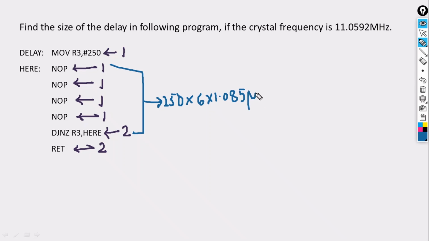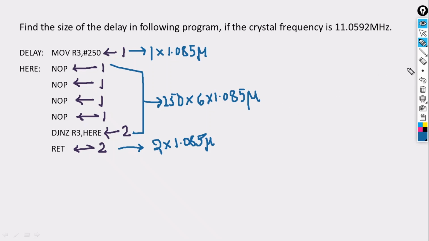Now this is going to be 1 into 1.085 micro, and this particular thing is going to be executed only once. So again, the number of machine cycles is going to be 1.085 micro.